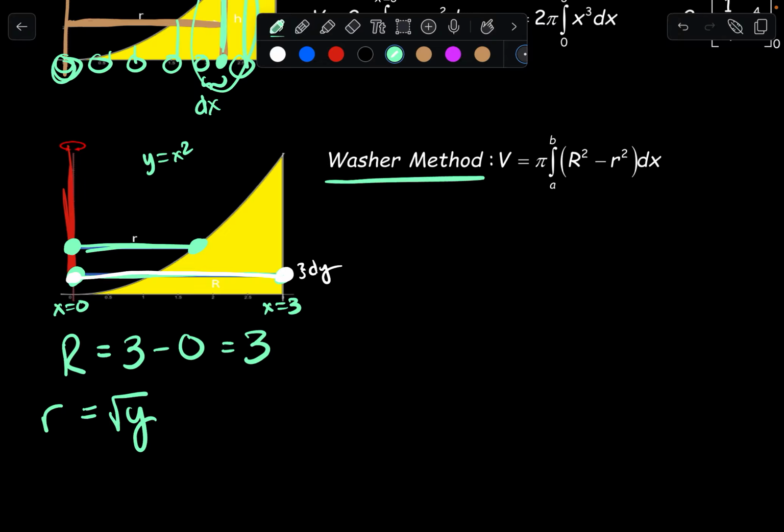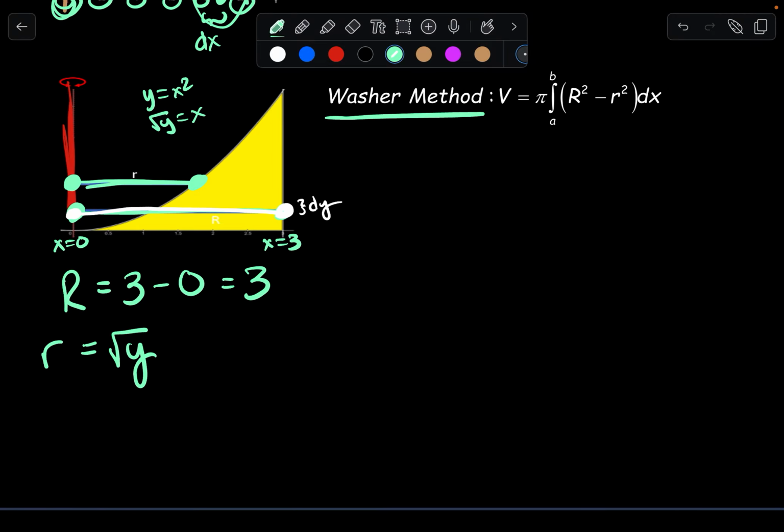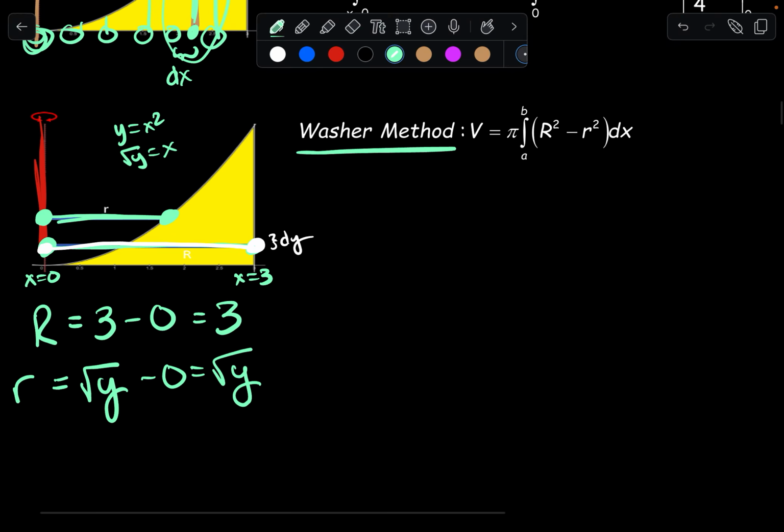I needed to use y for my argument, so I just rewrite the expression so that x is isolated. And then again, the axis of revolution is at 0. So this will be minus 0, so the radius is going to be square root of y. Sorry, the little bar. All right, this, we should be using dy. I know that this was just a setup for washer method, but let's go ahead and rewrite it so that it aligns with our current problem.